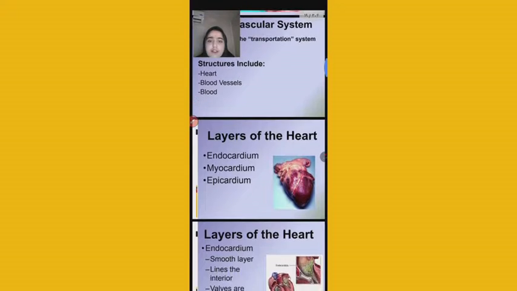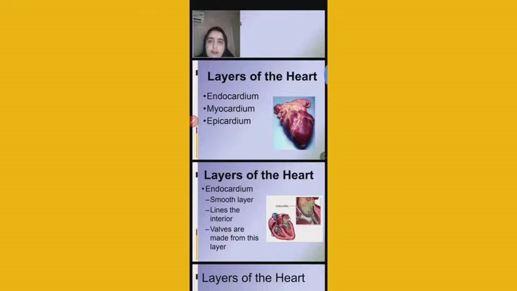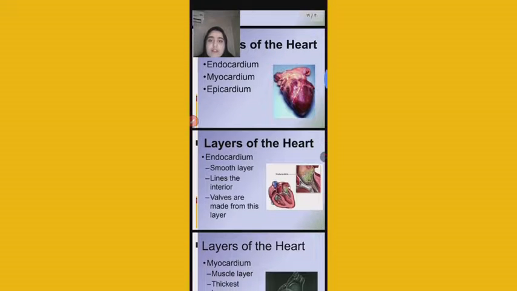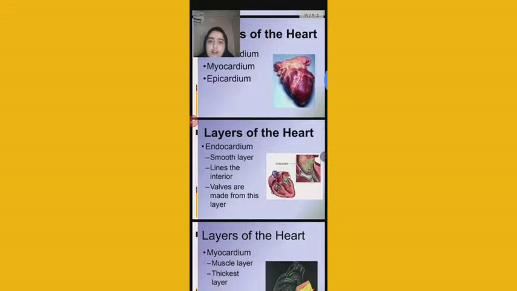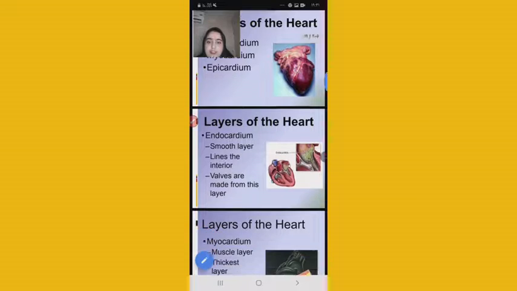So the layers of the heart: endocardium, myocardium, and epicardium. The endocardium is a smooth layer that lines the interior, and the valves are made from this layer.